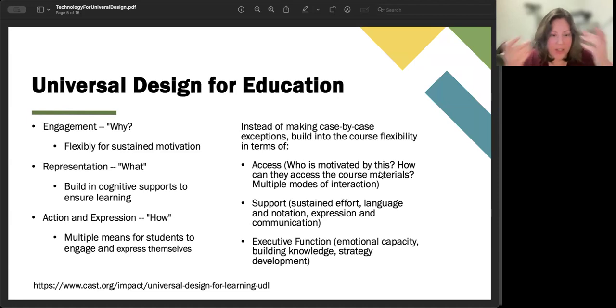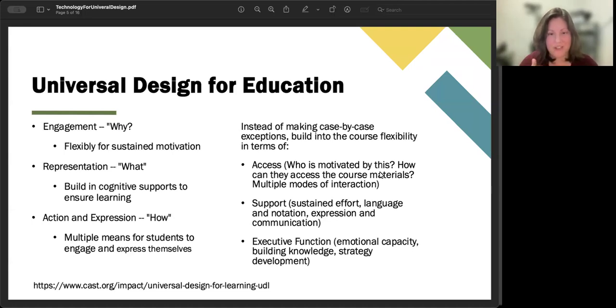So just like, what are you trying to teach them? The action and expression of the how. So they're going to be expressing themselves. They're going to, potentially, be writing assessments, giving presentations, some way of expressing what they've learned, and also engaging with each other, hopefully, as Dan was talking about, like the social engagement aspect of these courses.